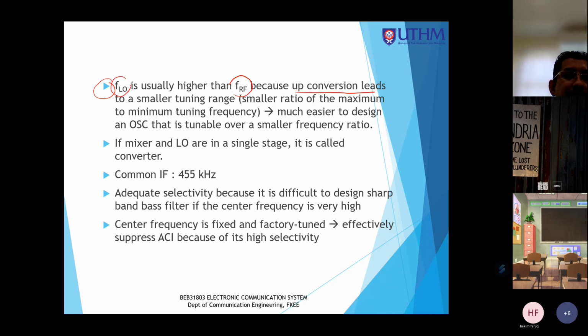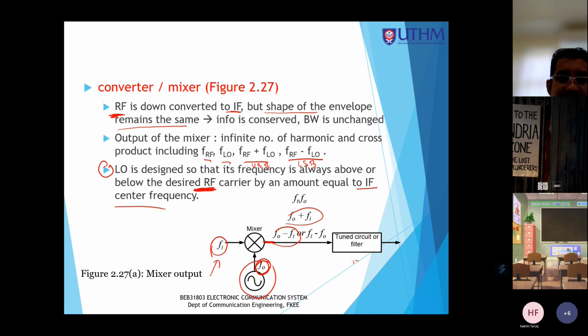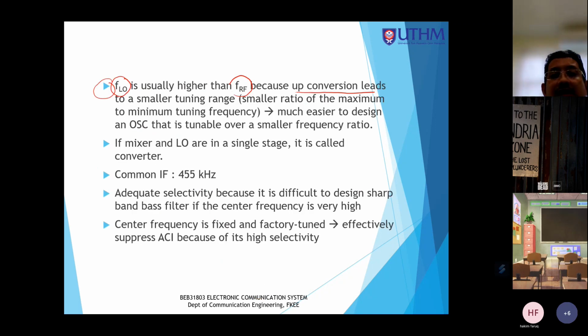So FLO ini biasanya lebih besar daripada FRF. FRF ni yang mana? FRF ni yang daripada sini. This is a FRF. Okay. F input itu adalah FRF. So biasanya local oscillator mempunyai frekuensi yang lebih besar. Dan kalau FLO mempunyai frekuensi yang lebih besar daripada FRF, kita panggil sebagai up conversion.